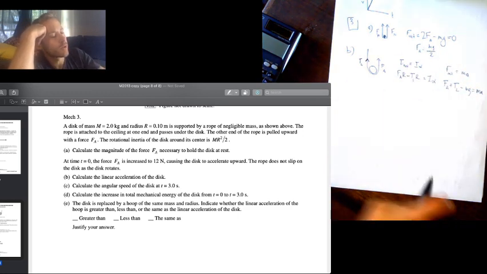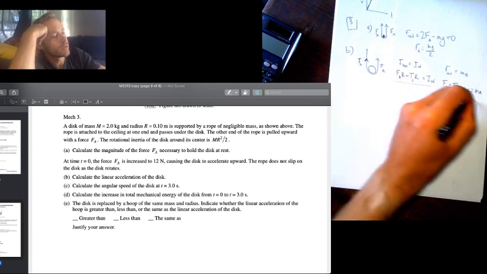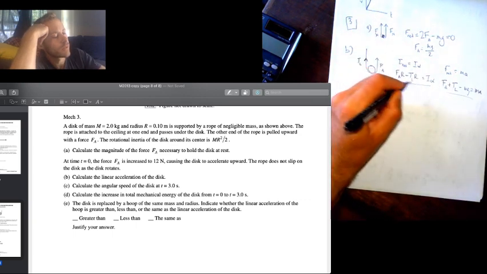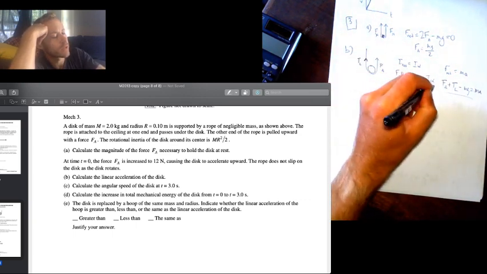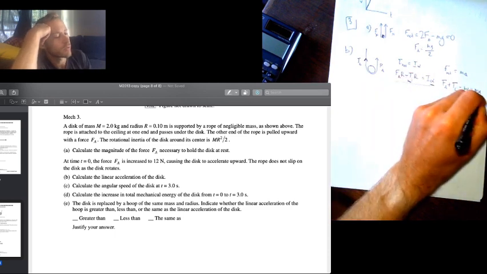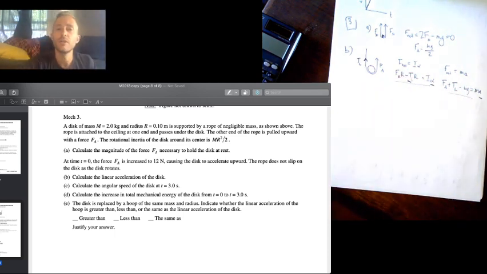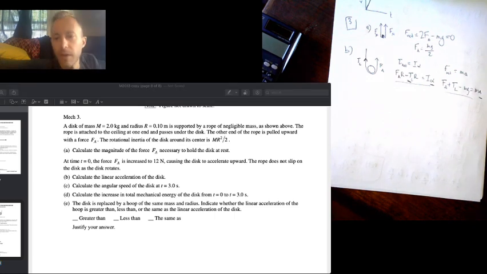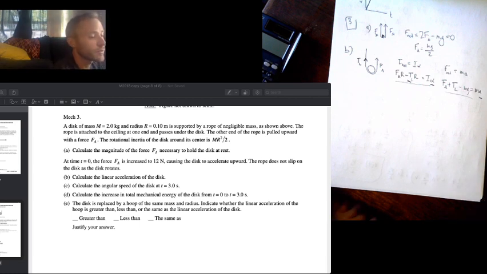So we have these two equations. The unknowns are the tension on the left, the angular acceleration, and the linear acceleration. So we have three unknowns, so we're going to need one more equation that expresses the geometry of the situation.